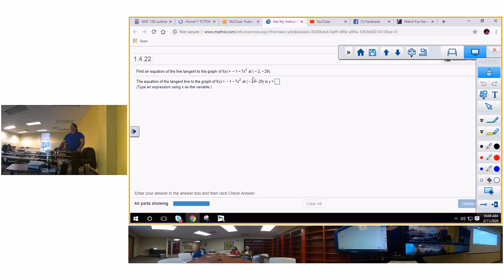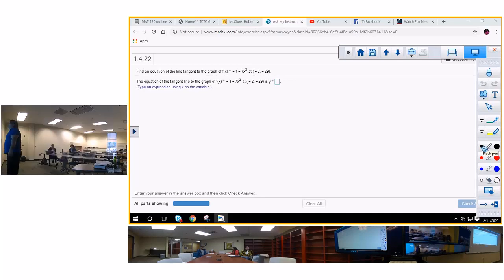tangent to, okay, first of all, I want you to graph this line. I want you to sketch it. Sketch this parabola. So you should be able to sketch it in at least 45 seconds to a minute. You should be able to sketch this graph.